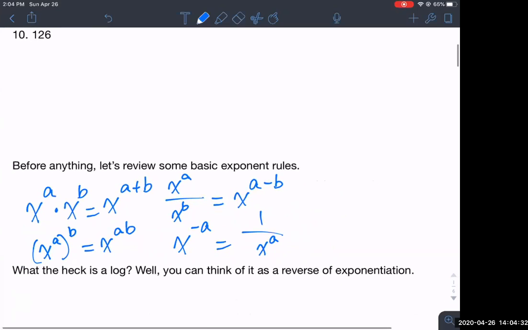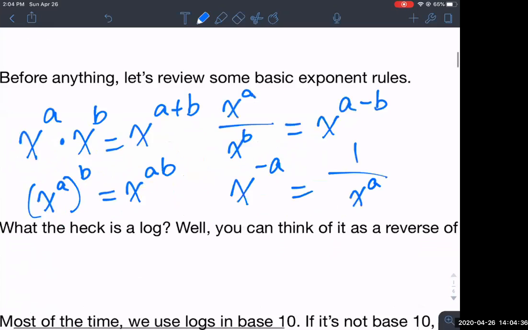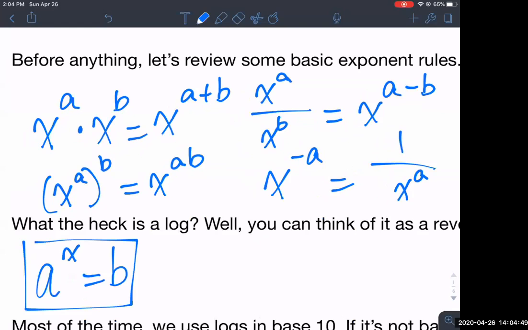So what the heck is a log? You can think of it as a reverse of exponents. If we have a to the x is equal to b, let's say that we have this equation, and we want to find what x is in terms of a and b.